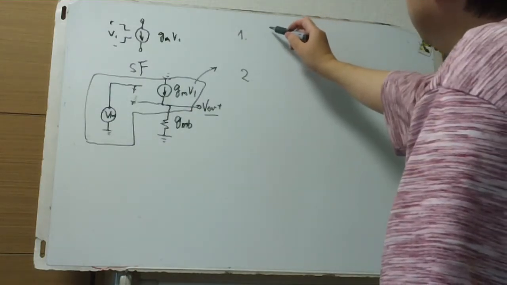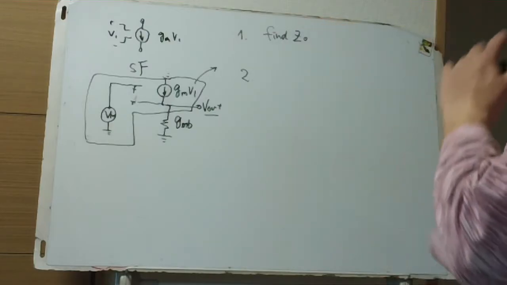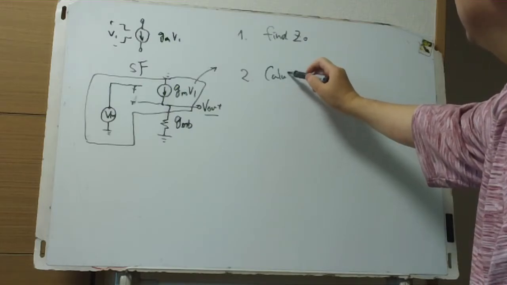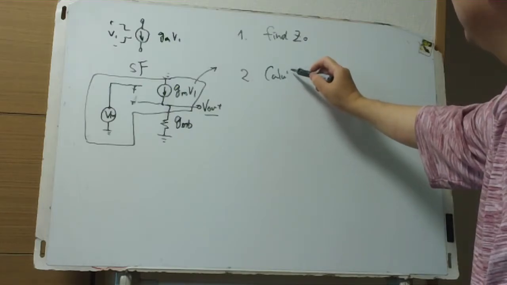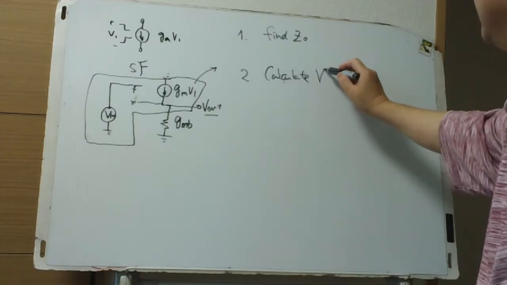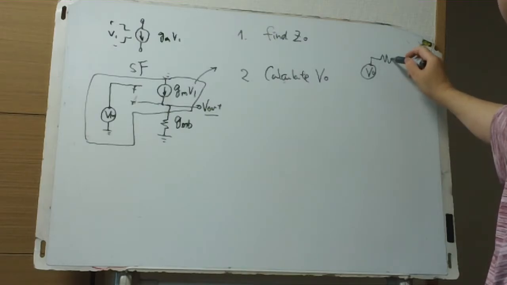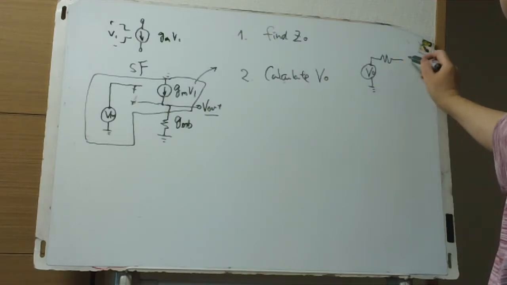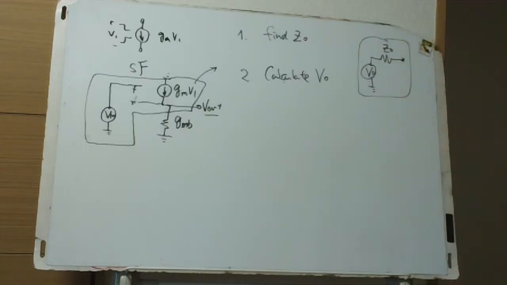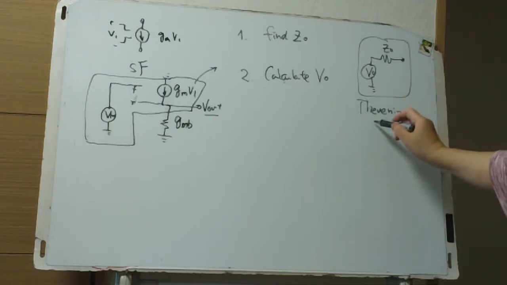Firstly, find ZO, and next calculate VO to get to this, for this Thevenin equivalence.